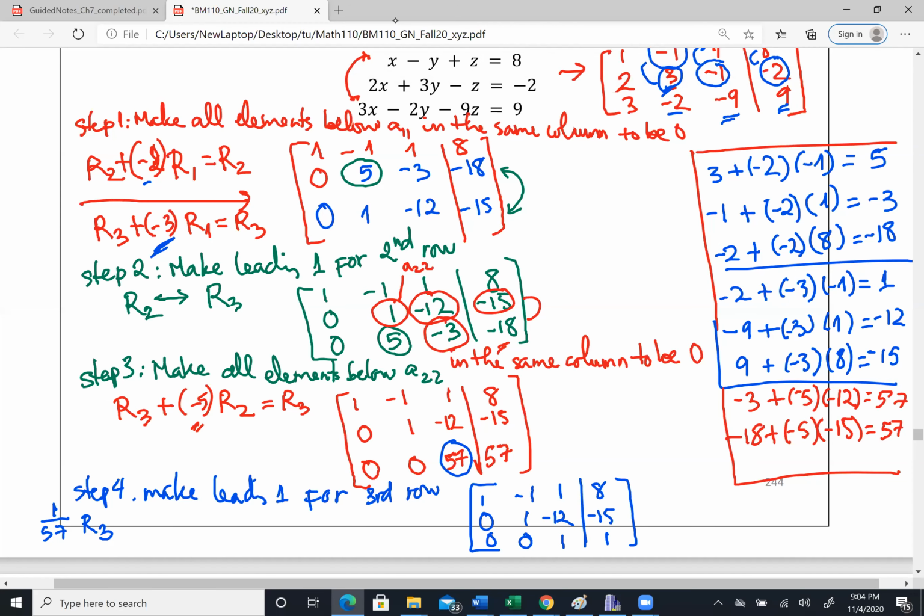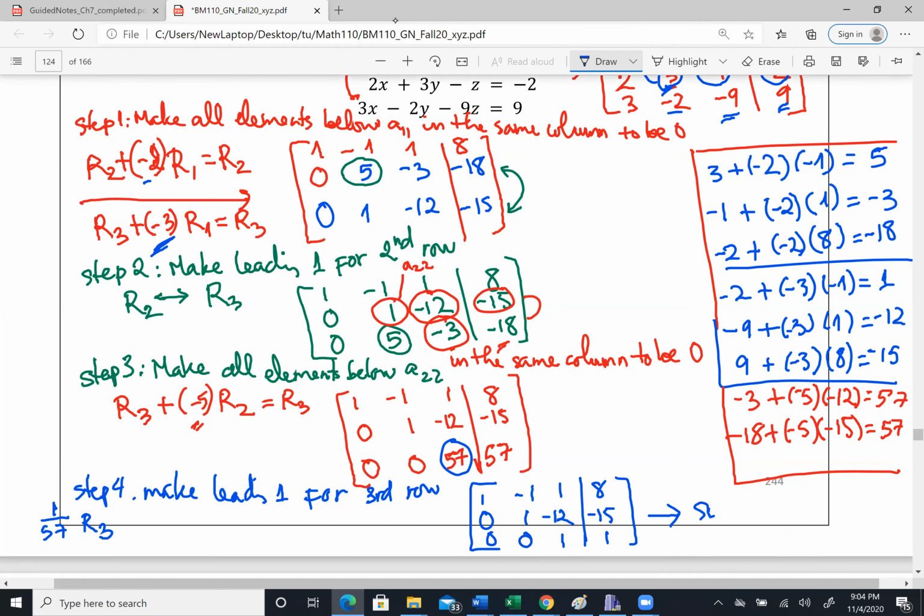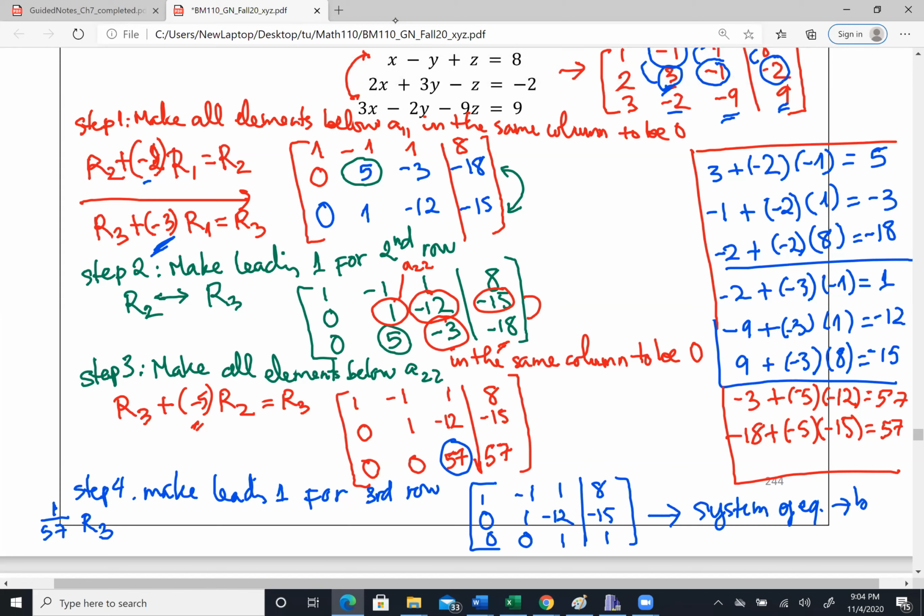So please continue to solve it by back substitution, by yourself. You may first have to convert it to the system of equations, and then back substitute.